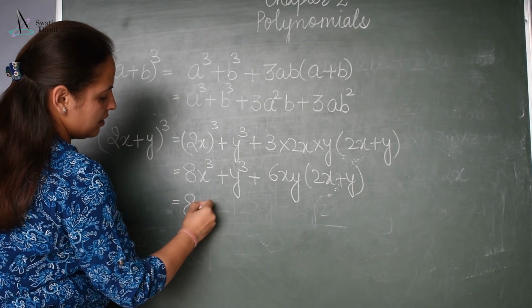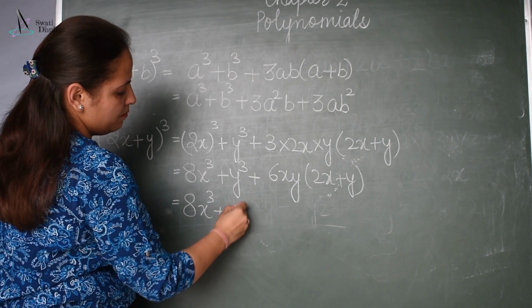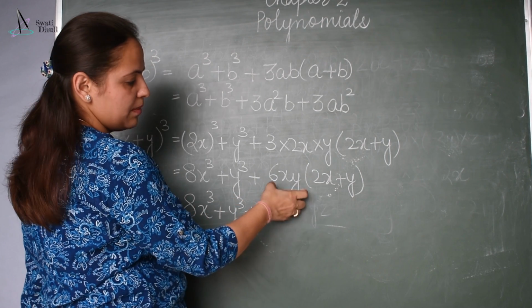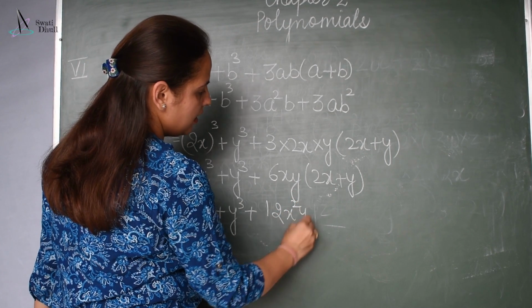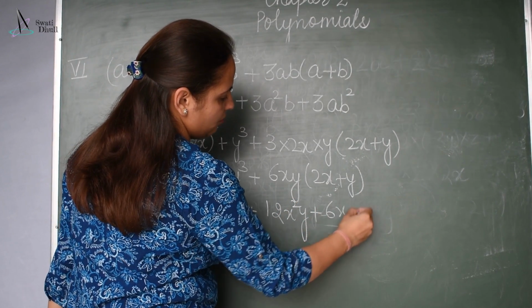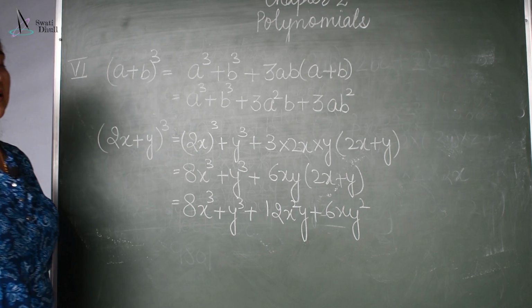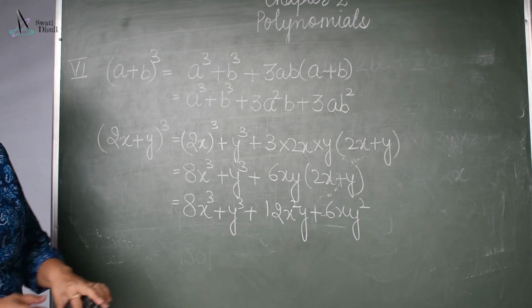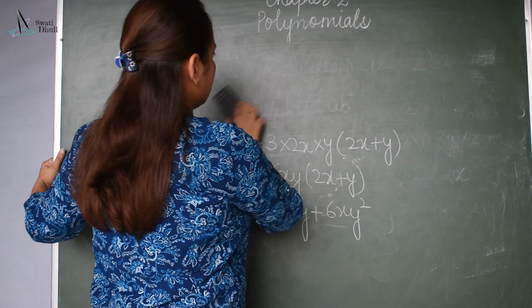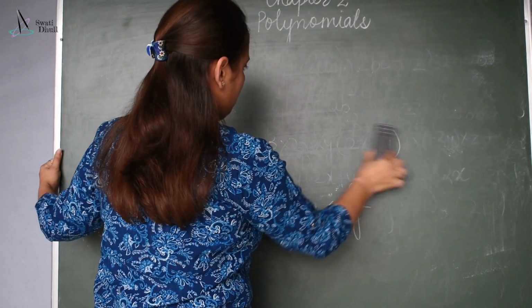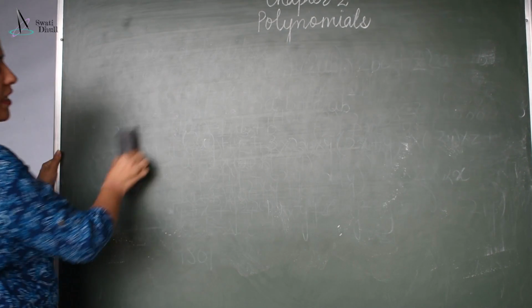Then you can further simplify as 8x cube plus y cube plus multiply this term with the whole bracket, so 12x square y plus 6xy square. This is (a + b) whole cube. Now the seventh identity we have is (a − b) whole cube.